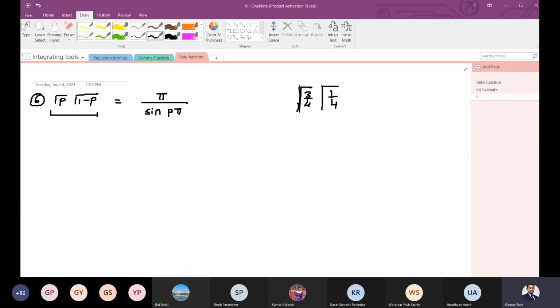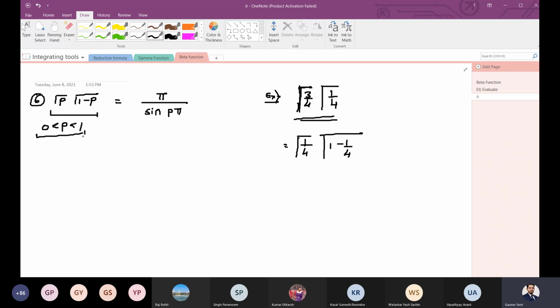Look, when there is a 2 in the denominator, we can actually find out the answer by reducing it or increasing it, just like we did earlier for a gamma of 3 by 2. But in this case, you have 4. So reducing it won't help you at all. So other way is I can write this as gamma of 1 by 4 gamma of 1 minus 1 by 4. Moreover, here the condition is 0 is less than p is less than 1.